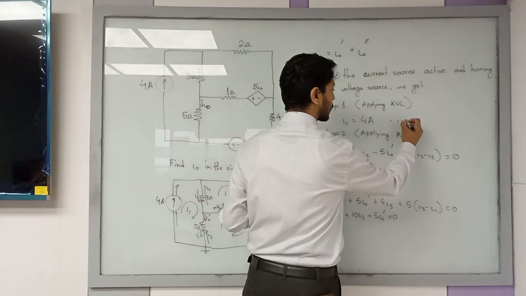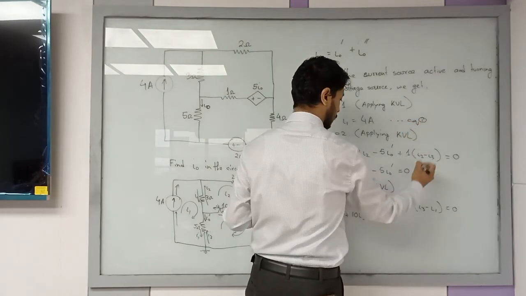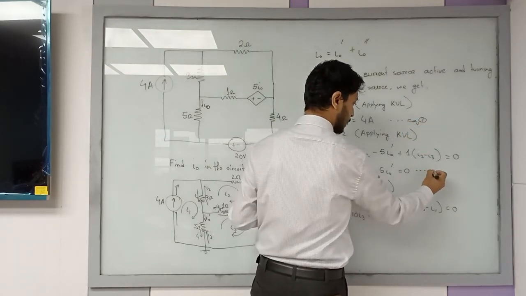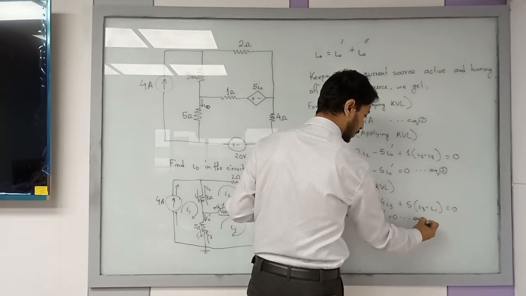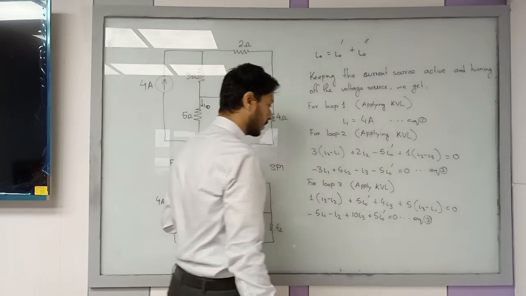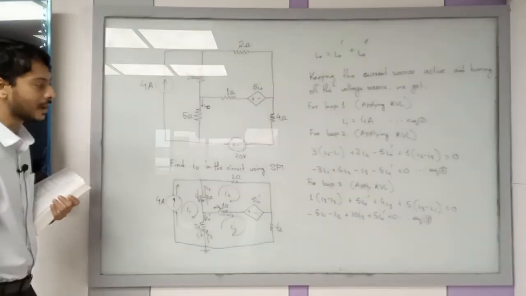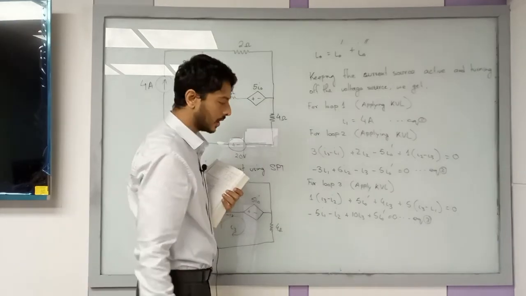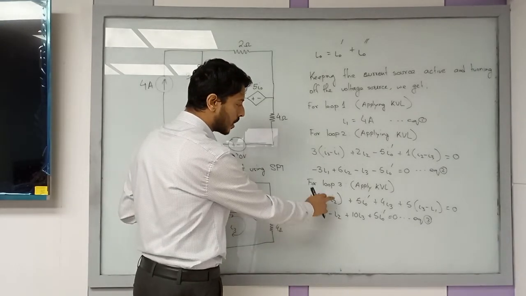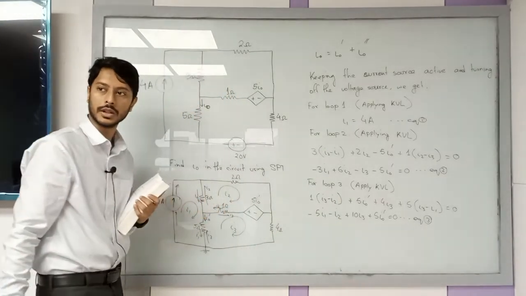One is this, two is this, and the third equation is this one. You know I1, you can put it over here, then there will be 2 unknown terms.